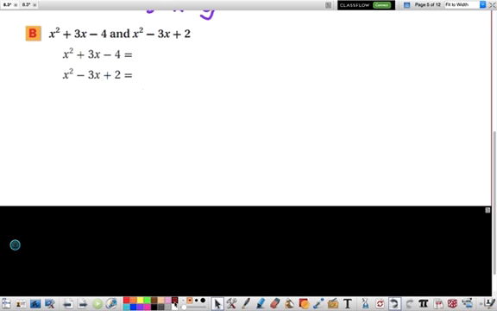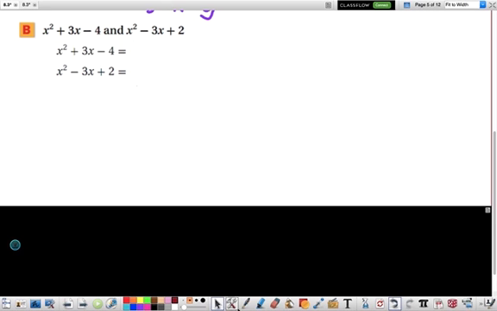First step was factor, so you should factor both of those. Saeed, what does this one factor into? x minus 1 and x plus 4. There you go. Thank you. And Lean, help me out with the second one.